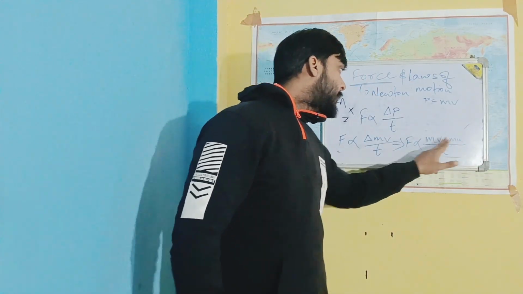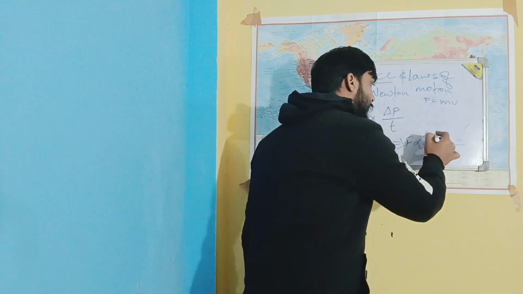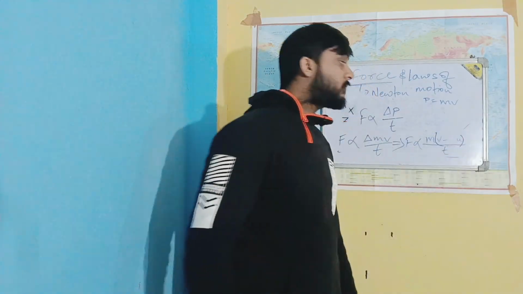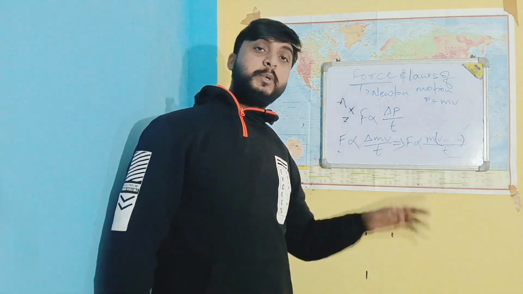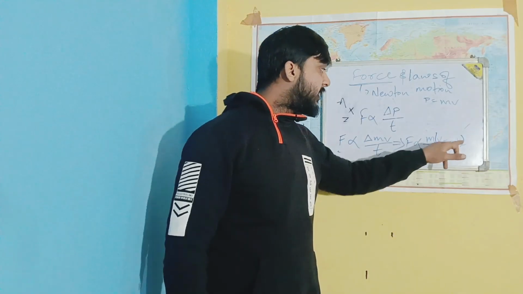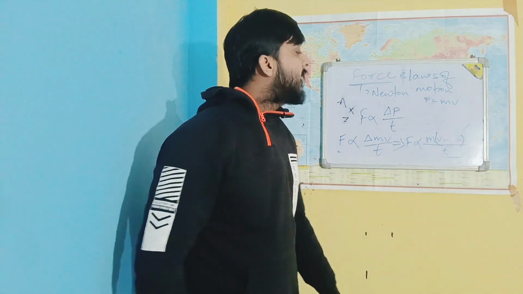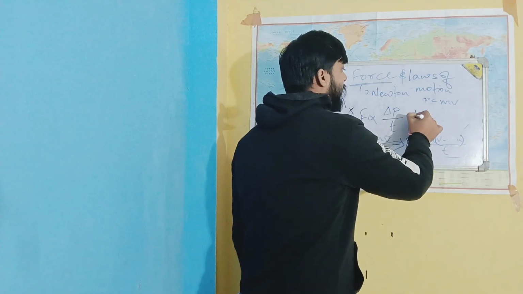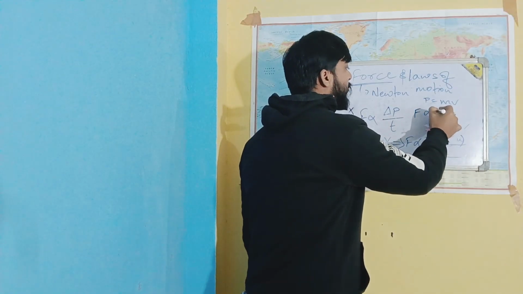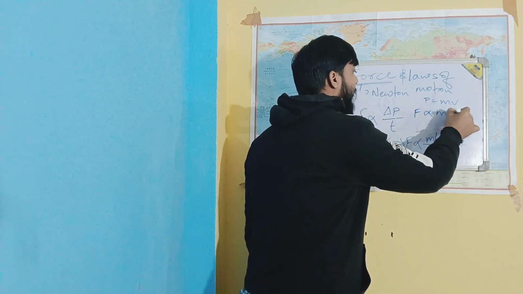Let us take m common, v minus u by t. In previous chapters we have read that v minus u by t, final velocity minus initial velocity by time, is acceleration. So F is directly proportional to ma.